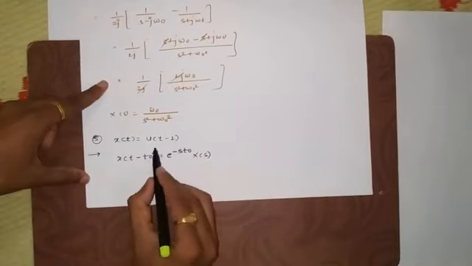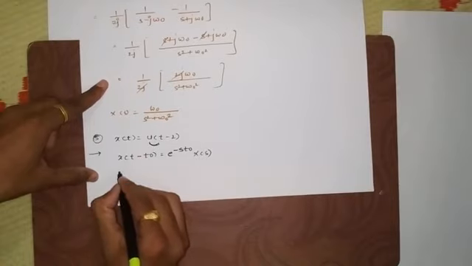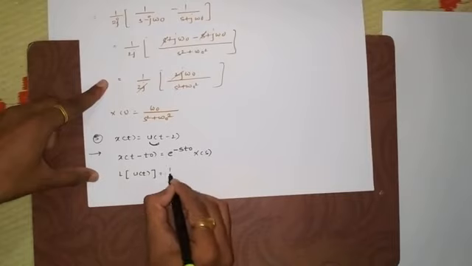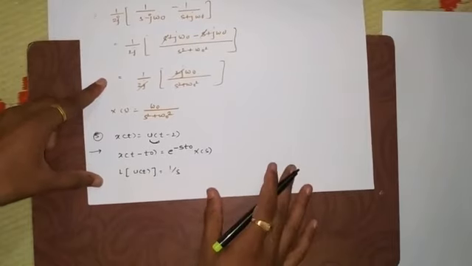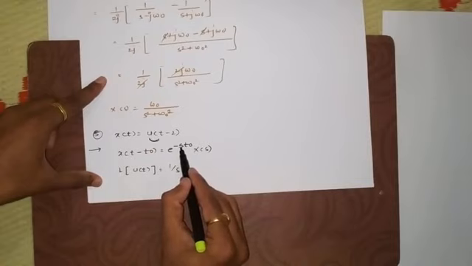Now to find Laplace of this, first we'll determine Laplace of u of t. We know that Laplace of u of t is 1 by s. Now if it is shifted by 2 units, this becomes e raised to minus 2s.